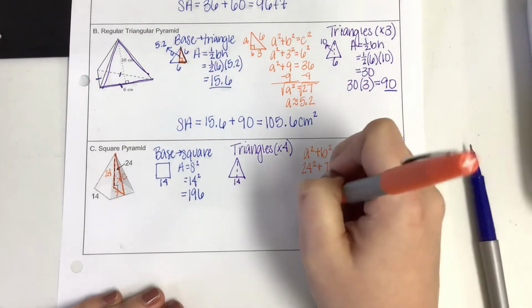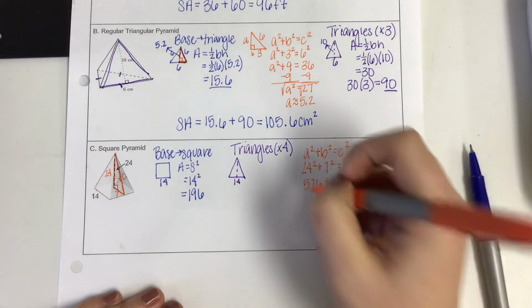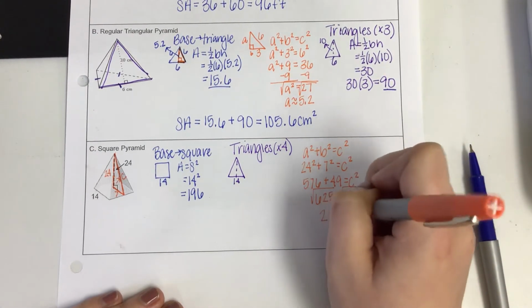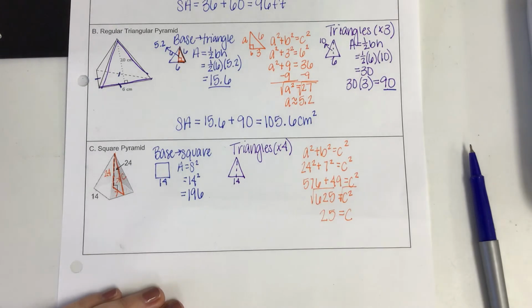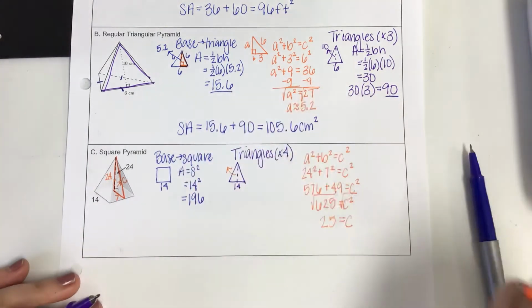When I add those together, I get 625. We take the square root of both sides, and the square root of 625 is 25. So I have now found the slant height, which is also the height of my triangle.